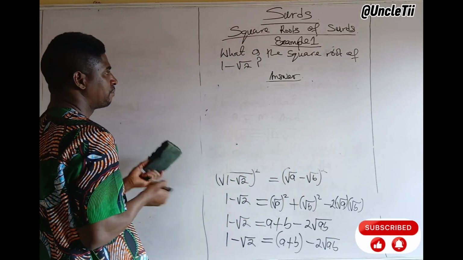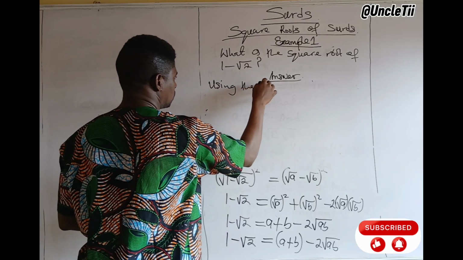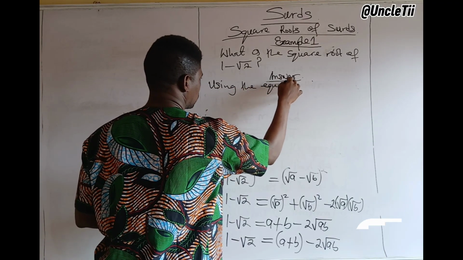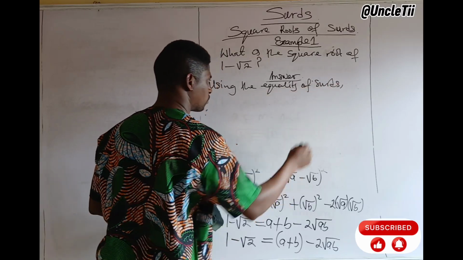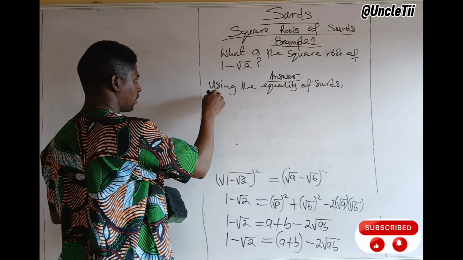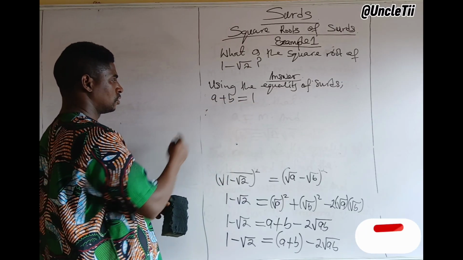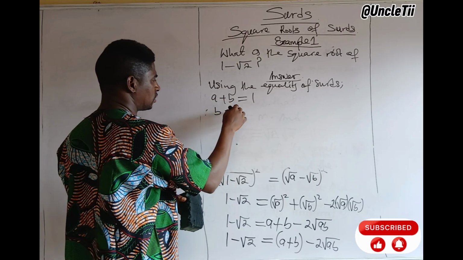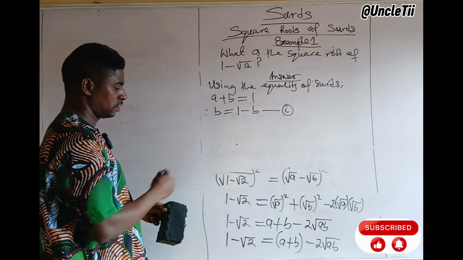So come here and say, using the equality of surds, A plus B is equal to 1. So we can say A is equal to 1 minus B. That's equation 1.